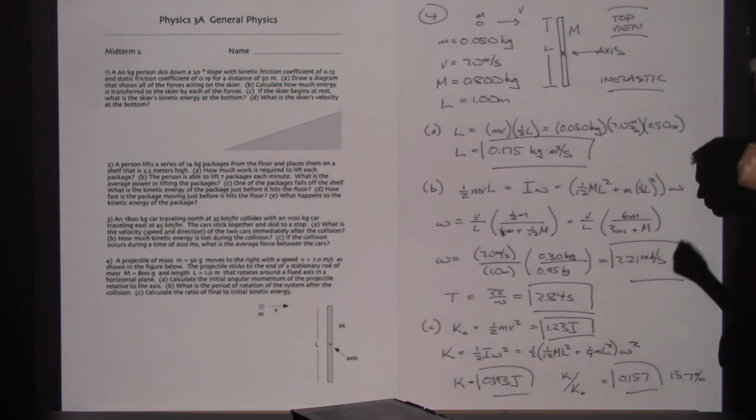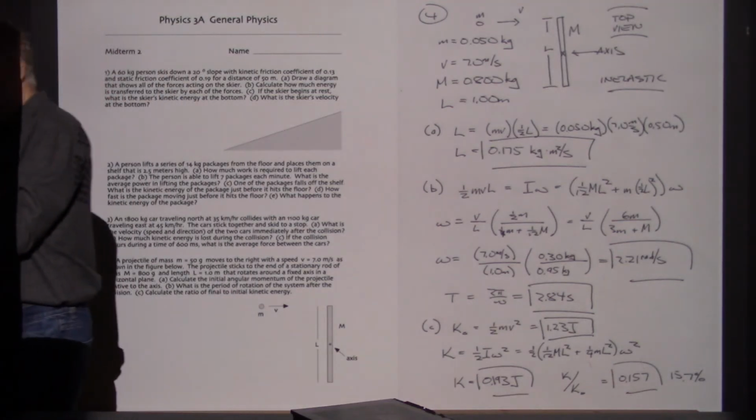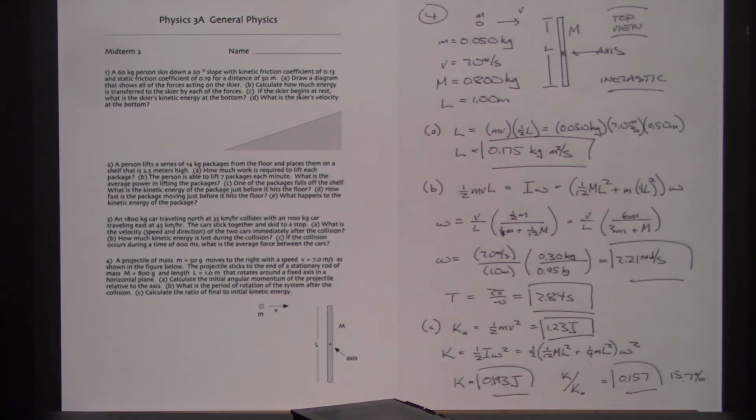Now, in chapter 11, we went through and showed that, well, let's think of it this way. If someone asks you what's going to happen when the projectile hits, you're going to say, hey, that stick is going to start rotating. And then the question becomes, well, the stick rotating represents angular momentum. Where did that angular momentum come from?